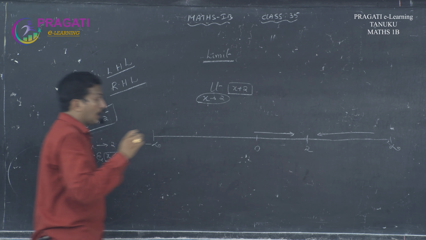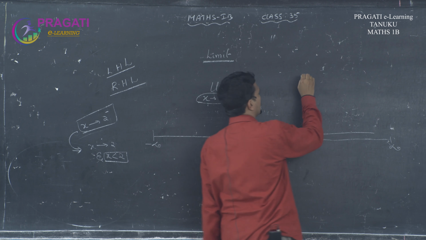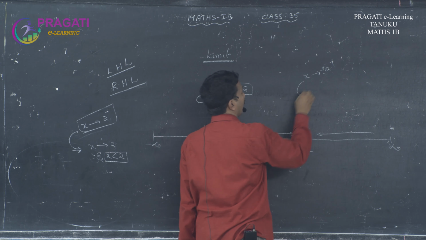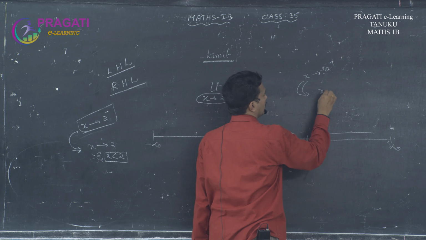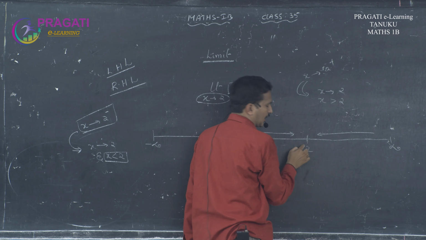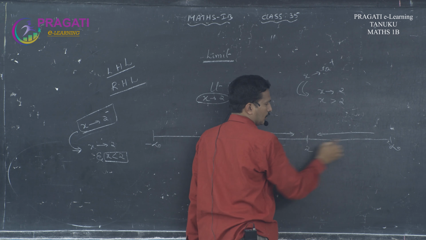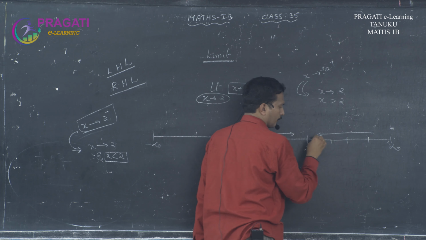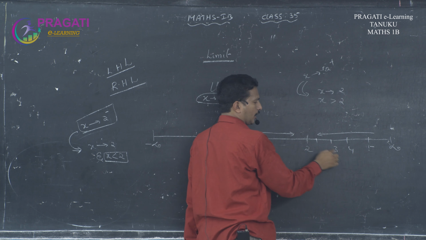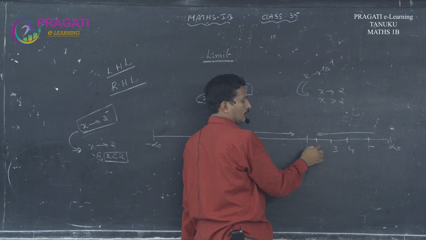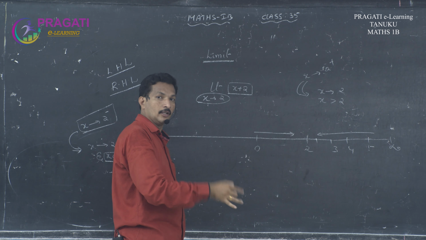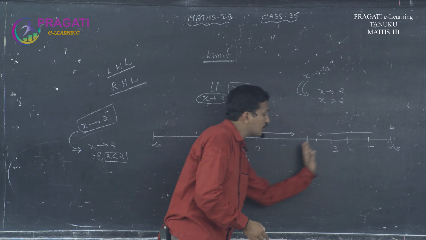Either from the right side, then it is denoted by x tends to 2 plus. It is defined as x tends to 2 and x is greater than 2. These values are greater than 2. Observe here: 5, 4, 3, 2.9, 2.8, 2.7, 2.6, 2.5, 2.4, 2.3, 2.2, 2.1, 2.01, etc. These values are greater than 2.